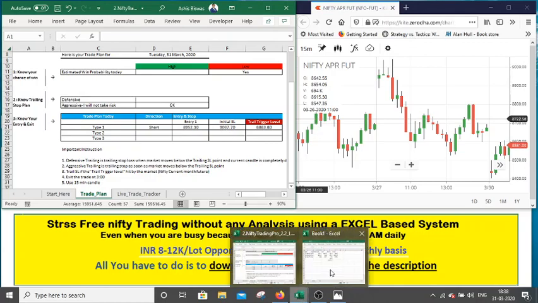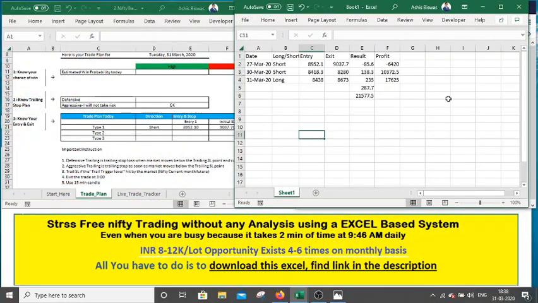So if we see the last 3 days, starting with the first day on 27 March, I am taking the data of the April month series. So far in the April series we had three trades. In one trade we lost 85 points, on the second day we gained 138 points, and today there was a good profit of 235 points.